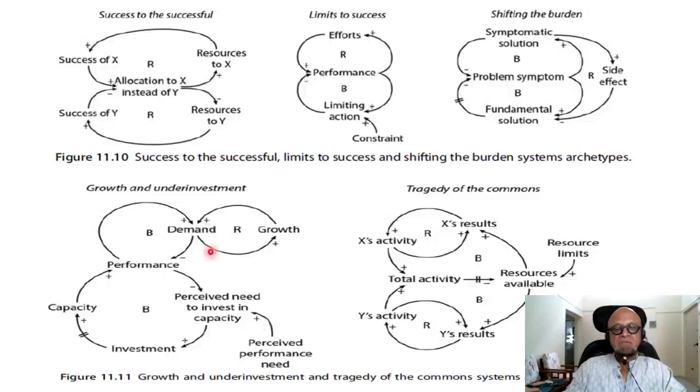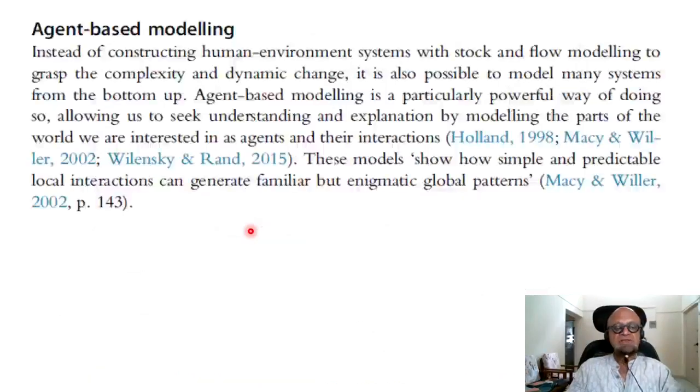Growth may become another external constraint that limits growth in terms of underinvestment, because here there is no limitation other than investment. That investment itself is not keeping up in terms of increasing the capacity.